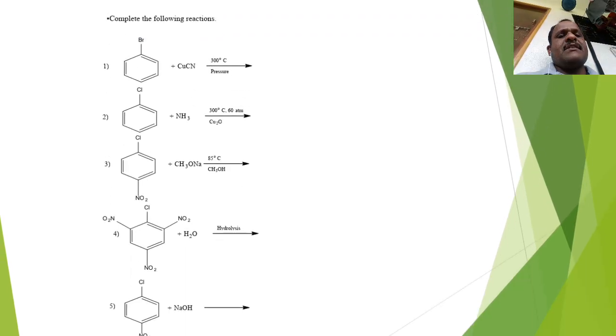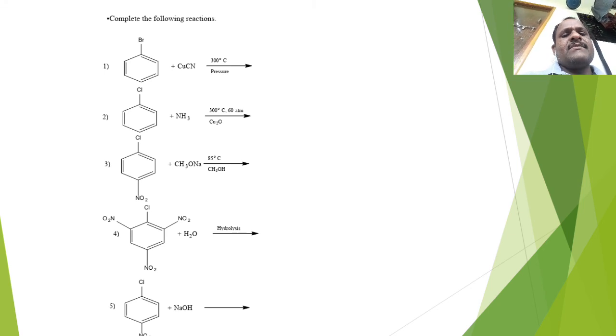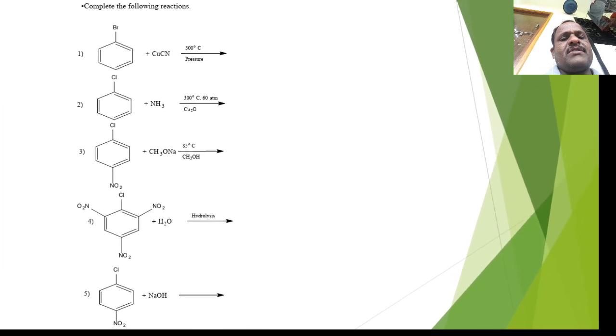In the second reaction there is formation of, we can say, aniline. In the third case there is formation of para-nitroanisole. Then in the fourth case there is formation of 2,4,6-trinitrophenol. In the fifth case also there is formation of 4-nitrophenol.